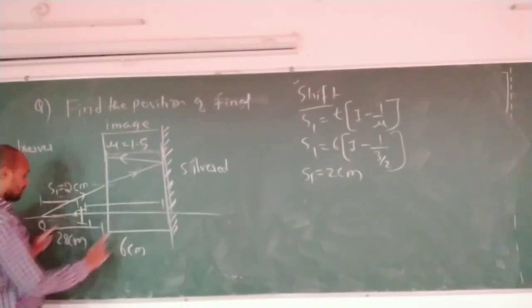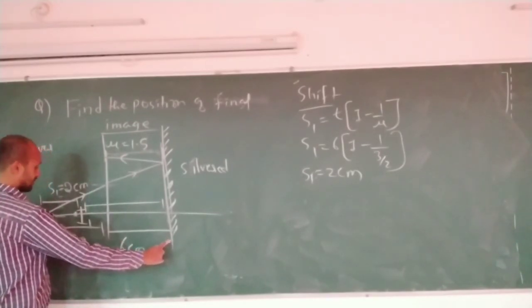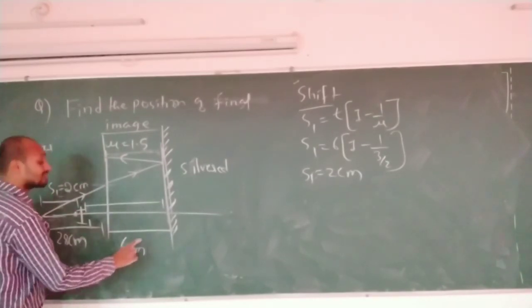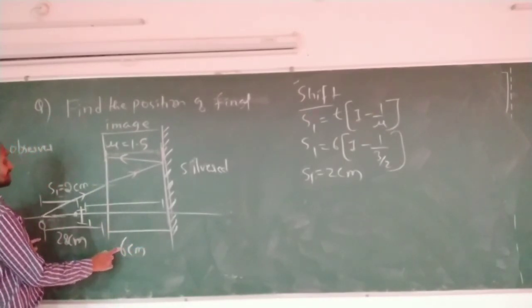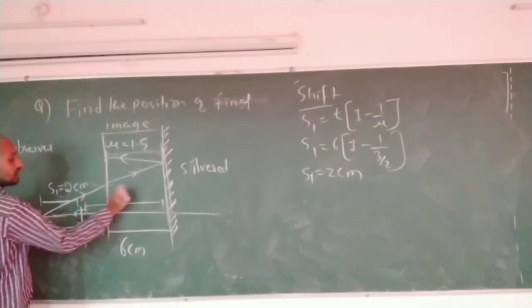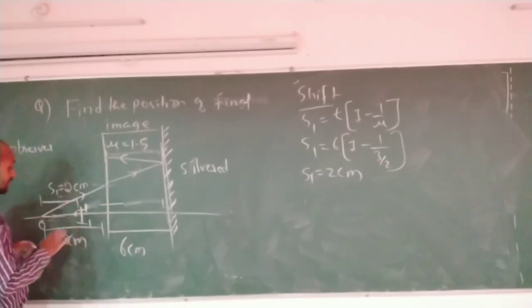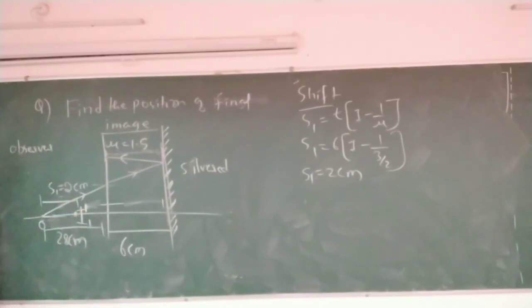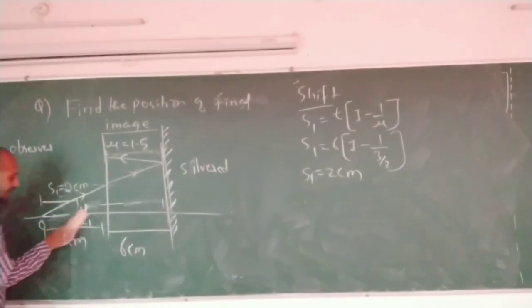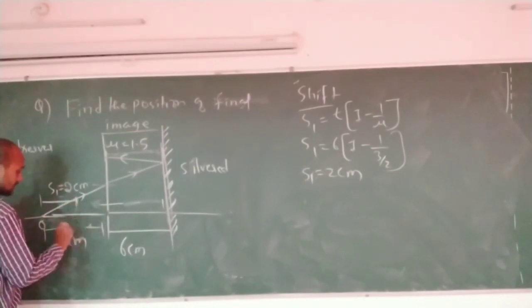What is this distance? 28 centimeter plus 6 centimeter is 36 centimeter, minus 2. Somewhere it is a shifted image. Here is I1.